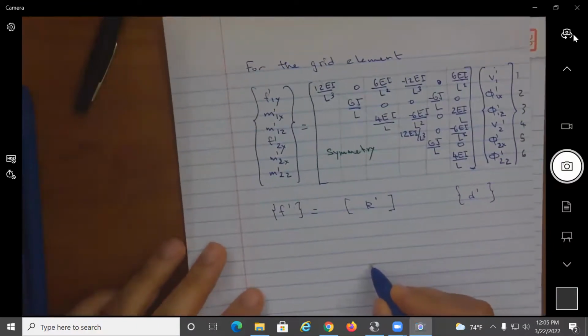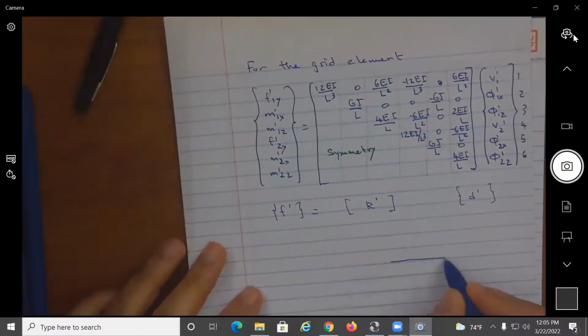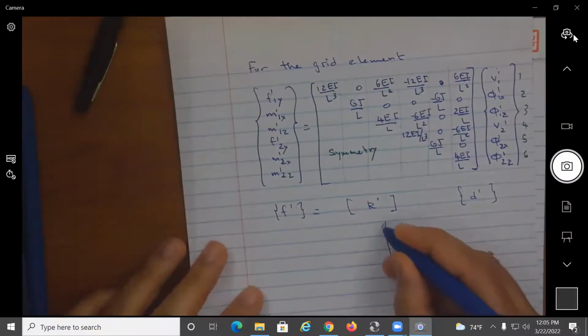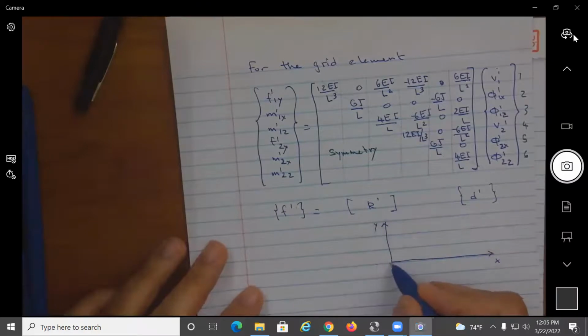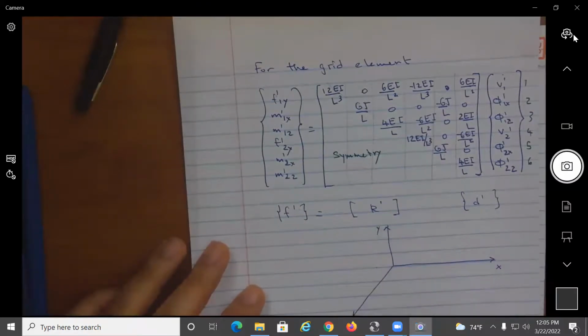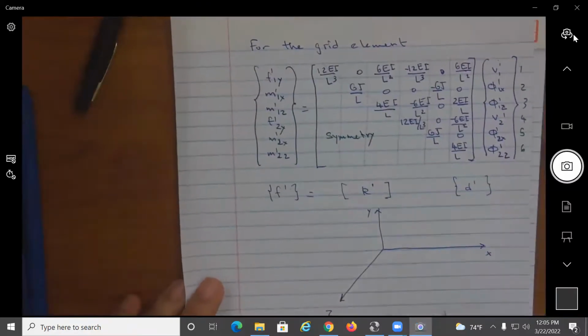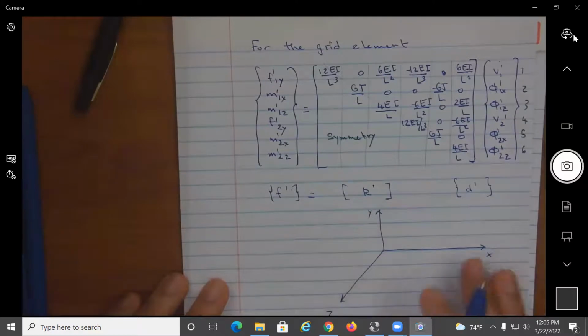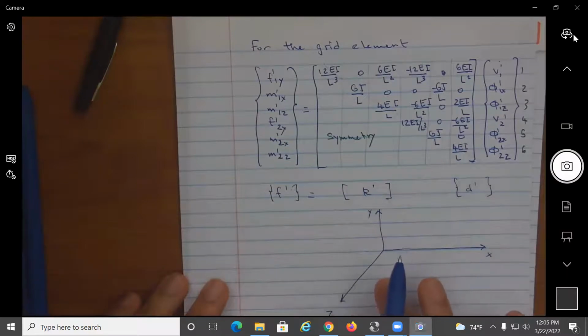If this is my x-axis global, this is my y global, and this is my z global. Now, if I have an element, since the grid is going to be in the xz plane, my element is going to continue to remain in the xz plane, but now it's going to be oriented at some angle.